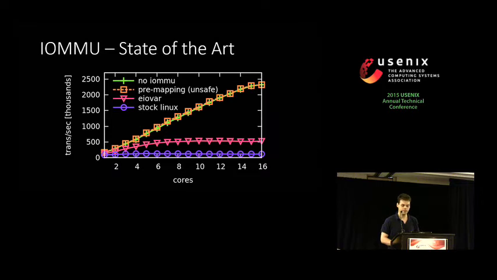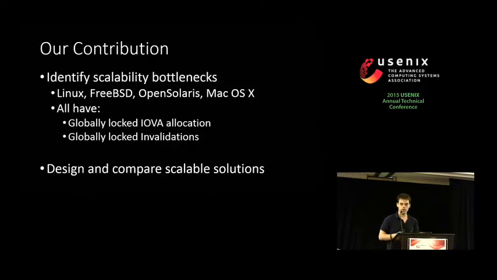but it still suffers from a very similar meltdown when it comes under parallel load. So in our work, we have surveyed a few open source operating systems. And while all these operating systems have their own notion of how to manage the IOMMU mapping problem, all of them have two very similar bottlenecks. Namely, all of them have to allocate an IOVA, or a virtual address, just the number of the virtual page in which they can set up the mapping.